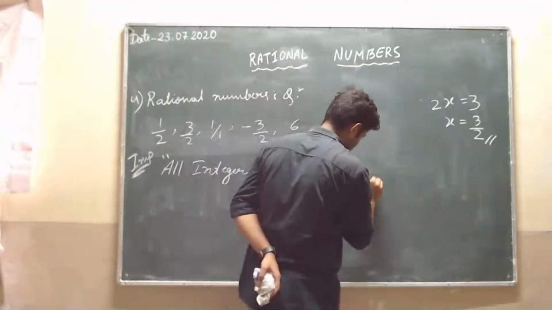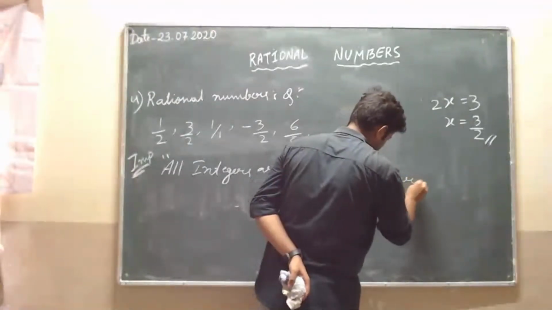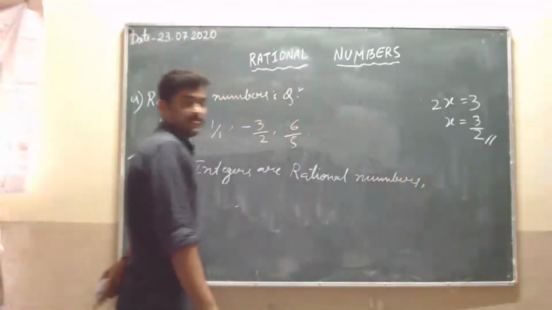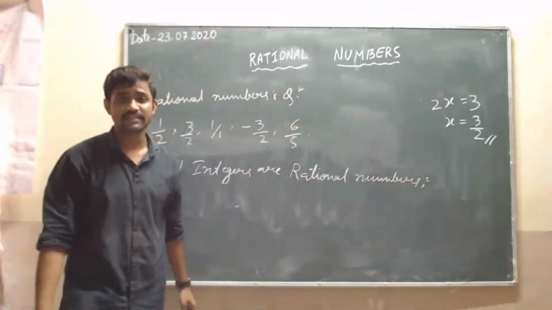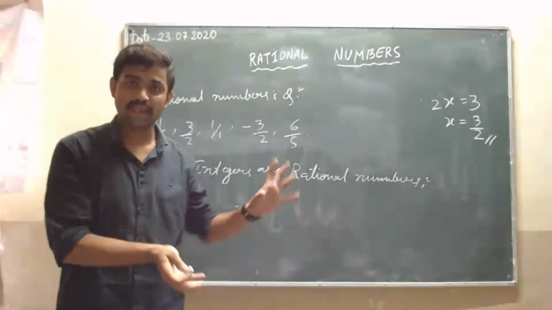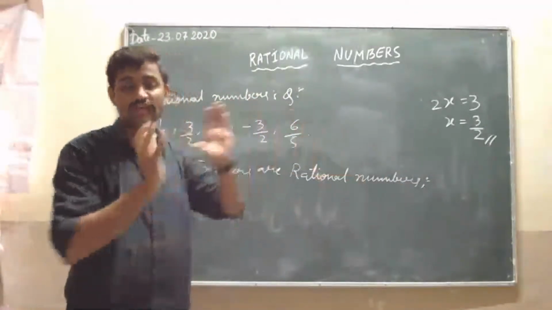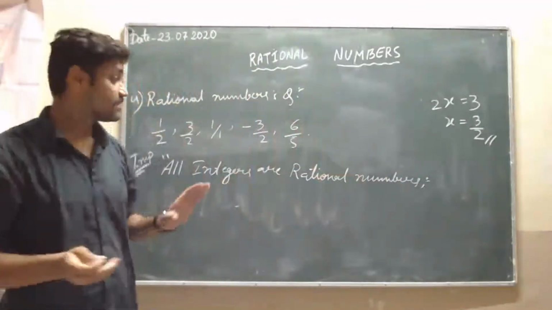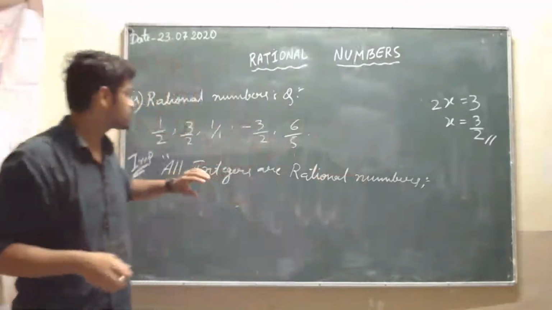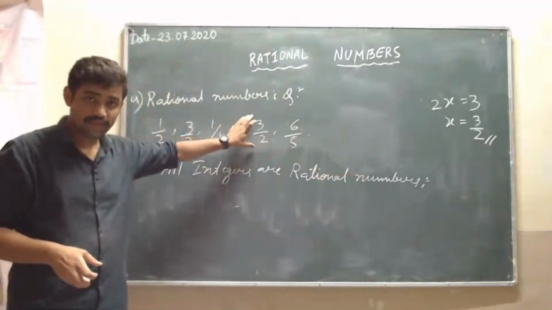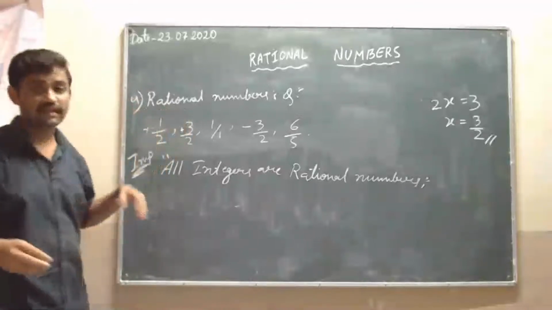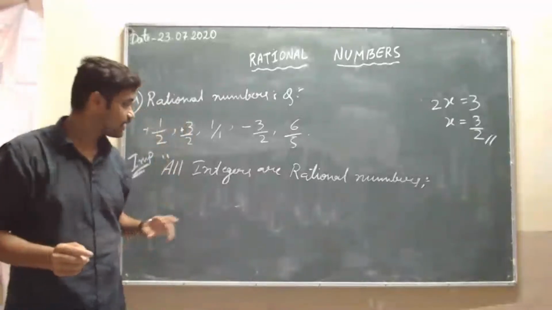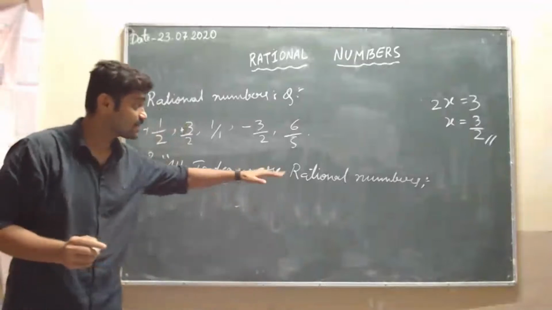Here all integers include negative numbers, 0, as well as positive numbers. Then what about rational numbers? These are also the same: negative, then positive, and 0 is also there. Can we tell that all integers are rational numbers?